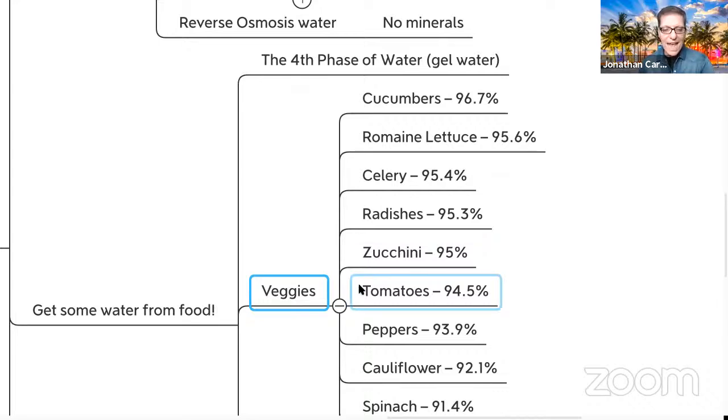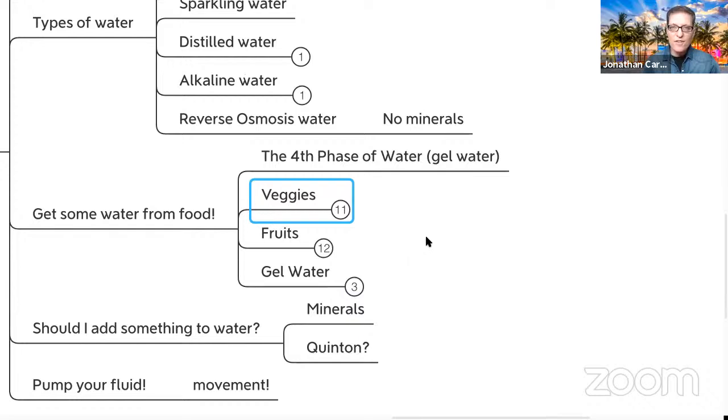It's very good. And I think some of the reason that you feel so good when you drink vegetable juice is probably because you're getting this fourth phase of water, what they call structured water, in the vegetable juice. Not necessarily, believe it or not, I think obviously you're getting a lot of phytonutrients, the chlorophyll and all that sort of stuff.